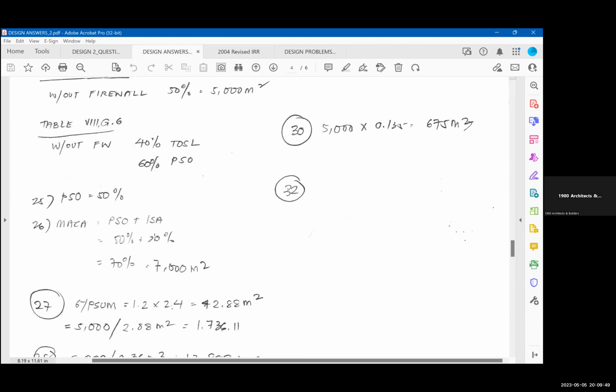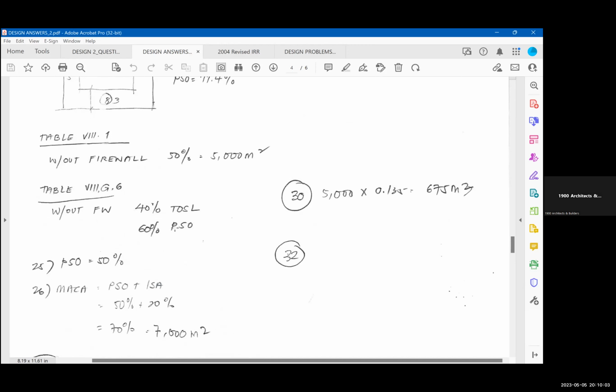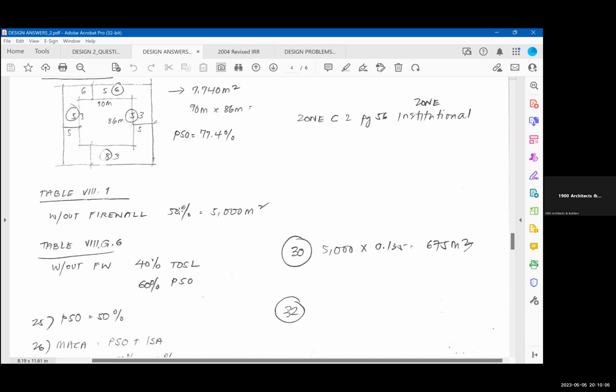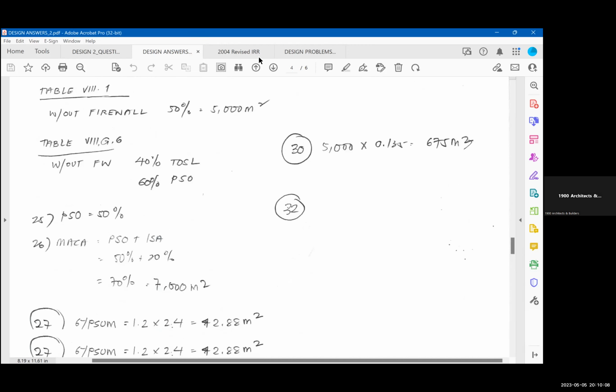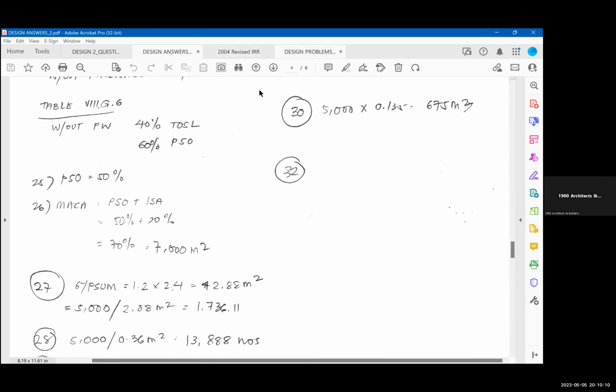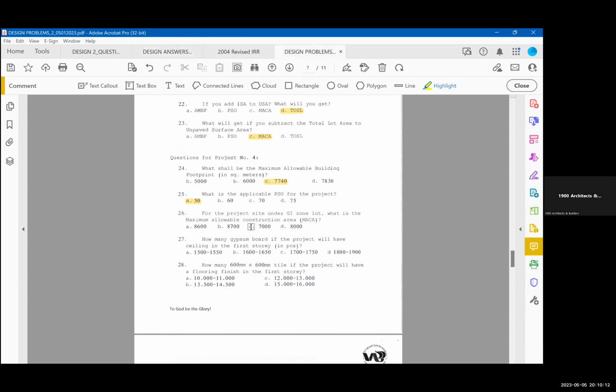So ang PSO is like 50%. Tapos yung ISA, 20%. Nakuha natin lahat yan sa table ha. So 70%. So the PLA times 70. Ang answer is 7,000. Let us see.